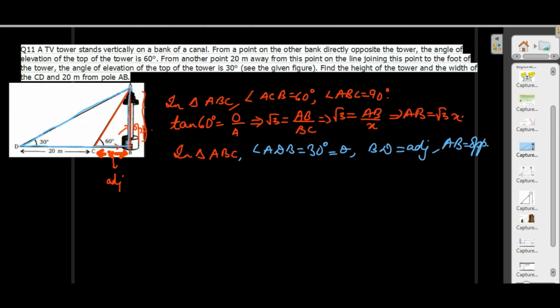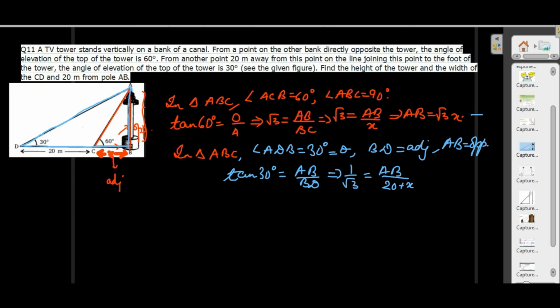So again we'll write tan of 30 degree is equal to opposite upon adjacent, that means AB upon BD, and tan 30 degree is 1 by root 3. AB we don't know, so let it be AB only, and BD will be 20 plus x.